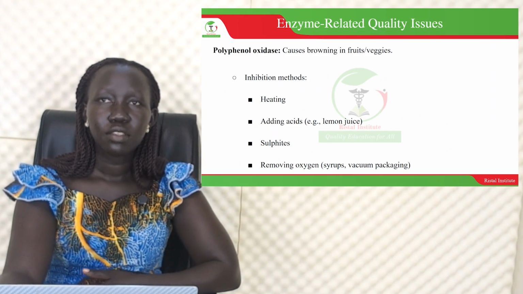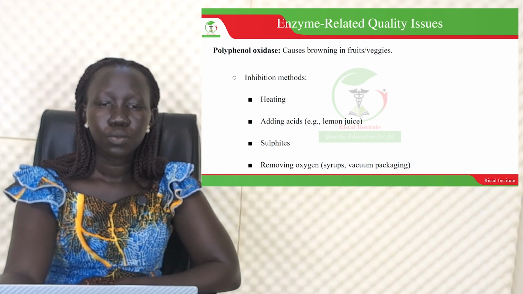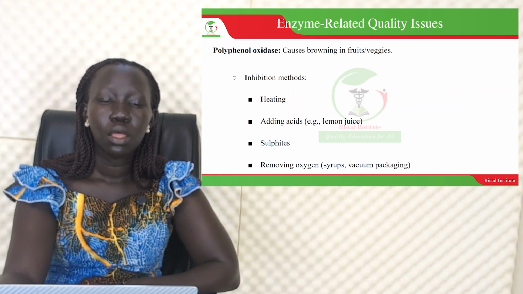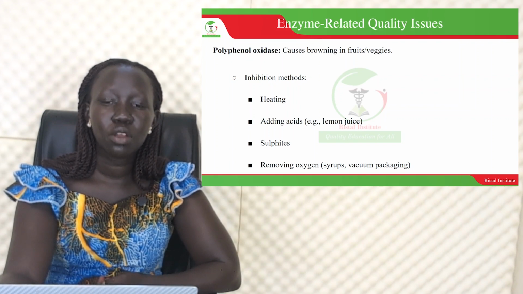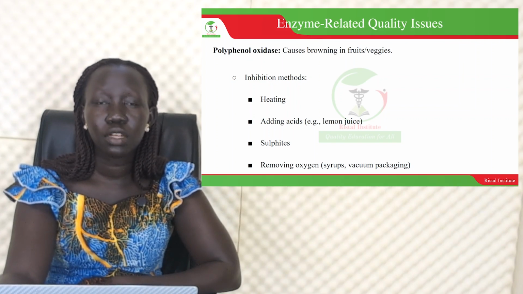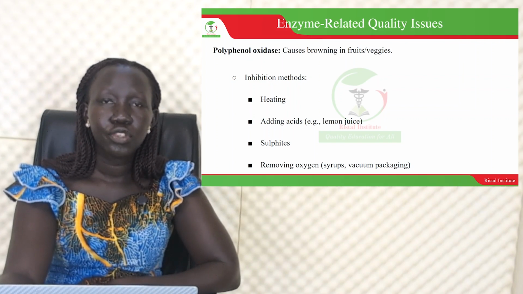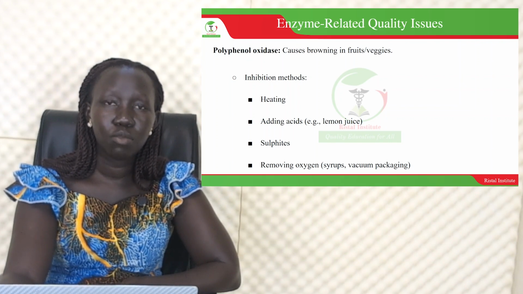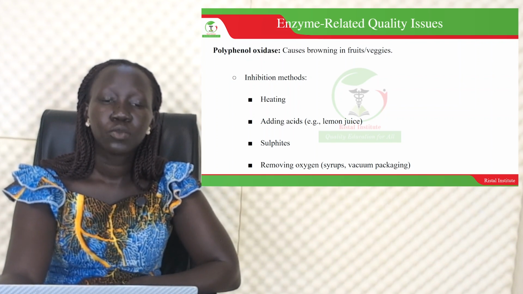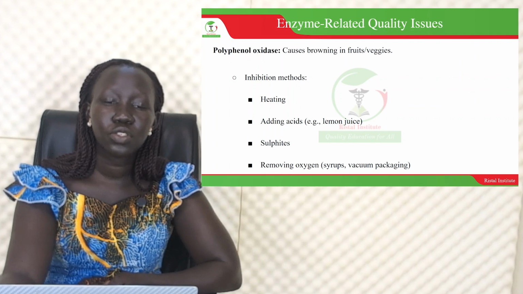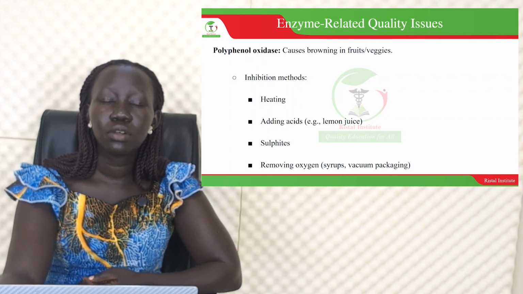There are also some enzyme-related quality issues, especially polyphenol oxidase, which causes browning in fruits and vegetables. We do not desire this browning sometimes, especially in fresh fruits and vegetables. And so we have to devise some inhibition methods. How do we stop this polyphenol oxidase from causing browning?